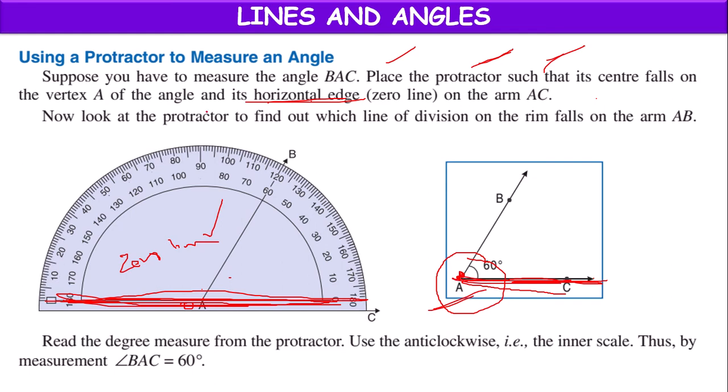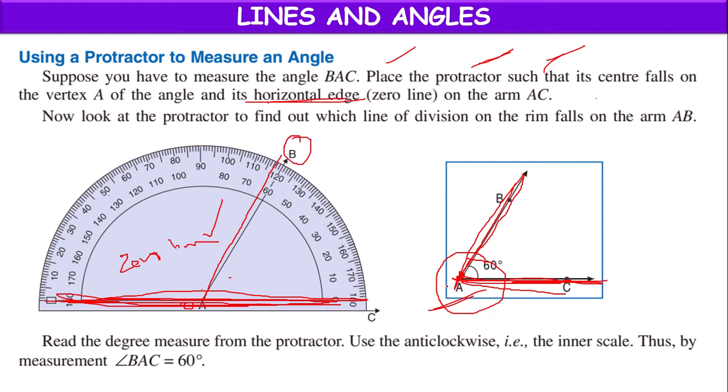So then, now if you look at the protractor, the arm AB falls on which part of the protractor, that we have to note down.